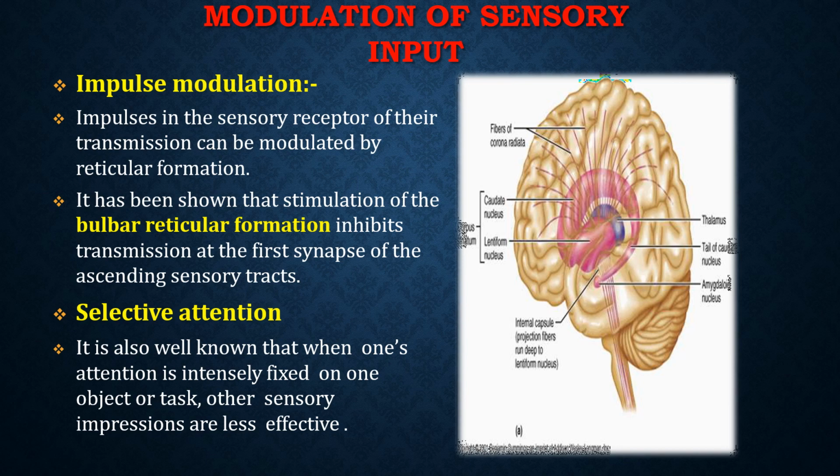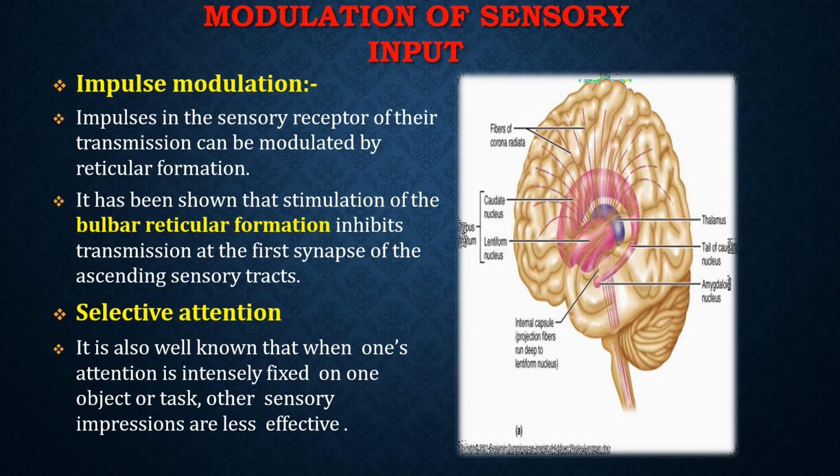So when we are concentrating fully on our studies or doing some office project, if we are concentrating on one particular thing, we will ignore some other minute sensations like a touch by some person or some person's call. We will ignore many minor sensory informations. So that is called selective attention.